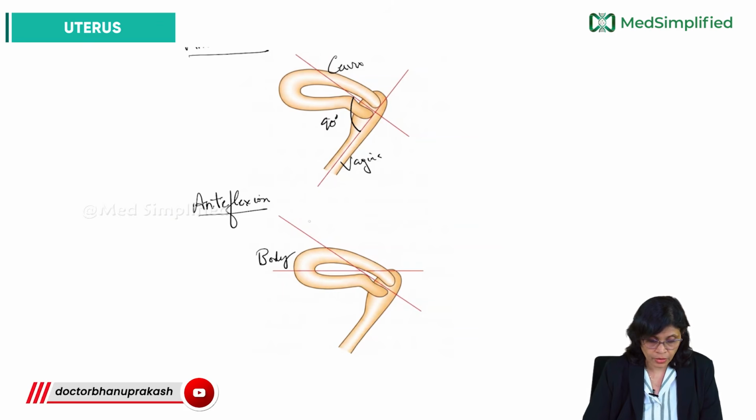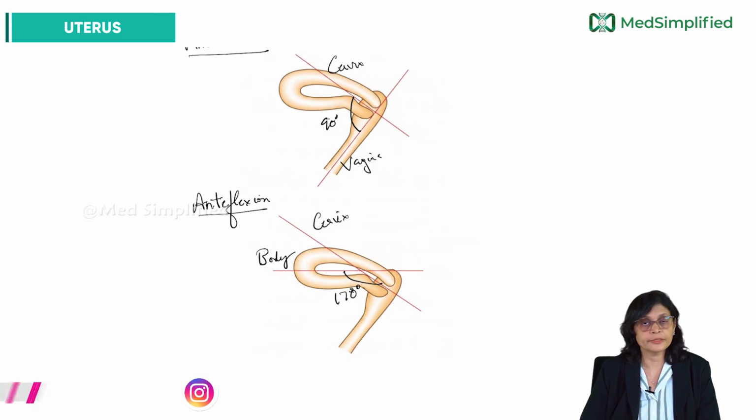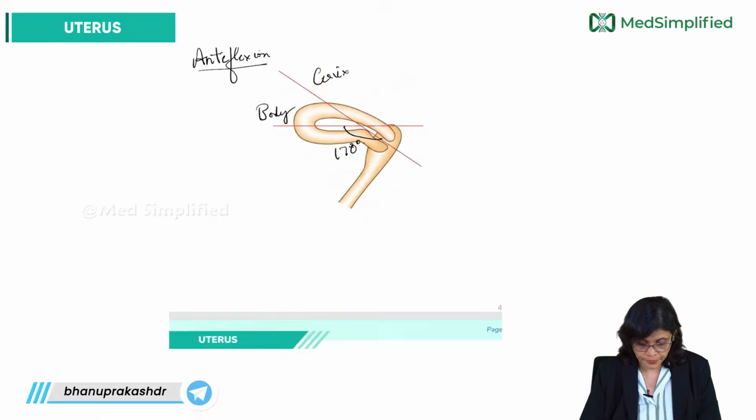It will be bent over at the level of the isthmus on the long axis of the cervix, forming an angle of about 170 degrees. Some books also say 120 degrees, that is also fine. This is the angle of anteflexion. That is why we say the uterus is in an anteverted and anteflexed position.